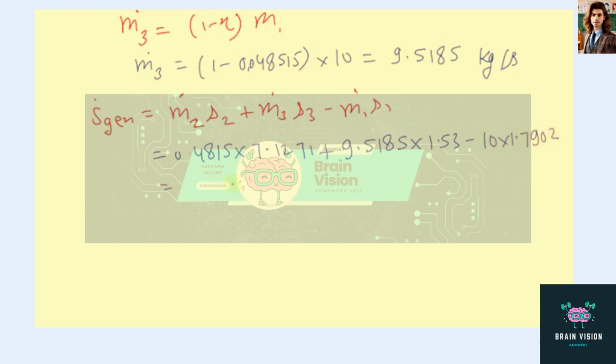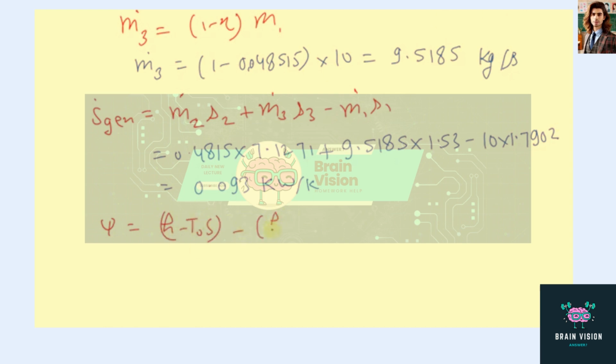So when we further calculate, we get 0.093 kilowatt per Kelvin.